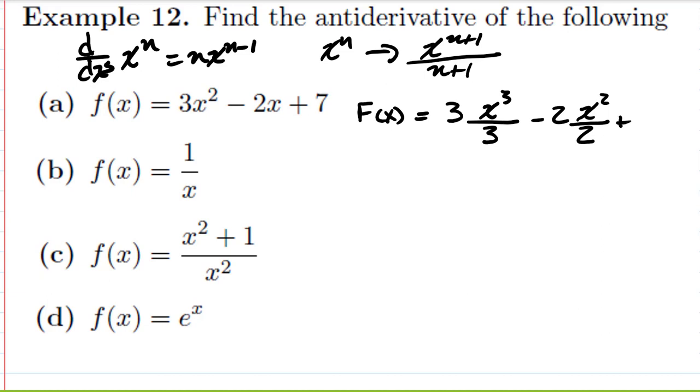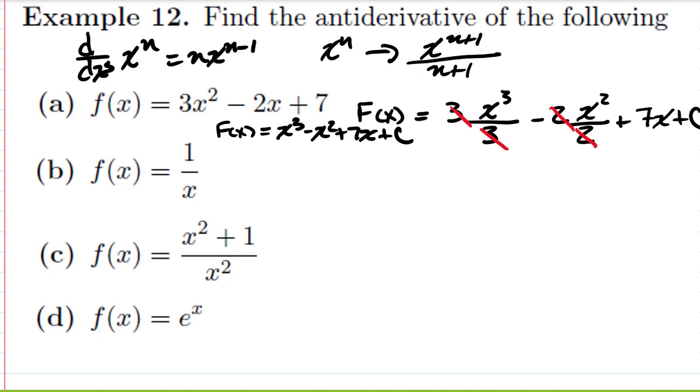Then the antiderivative of 7 is going to be 7x, and don't forget your arbitrary constant plus c. We get a bunch of things that reduce out here. So our antiderivative, F of x, is x cubed minus x squared plus 7x plus c. So that's our rule for polynomials.